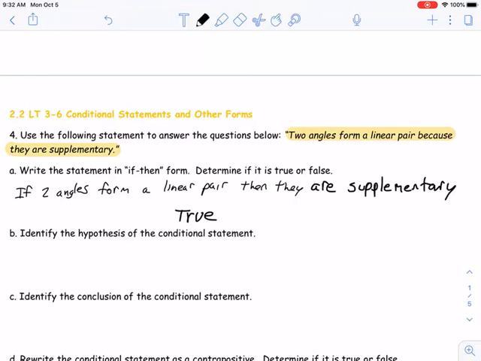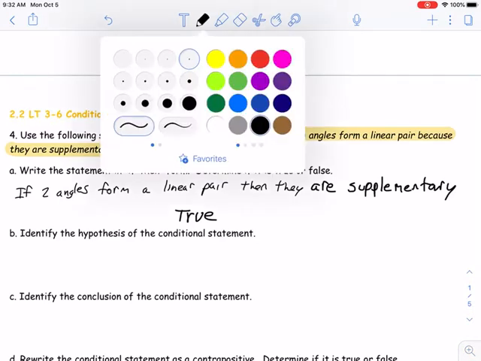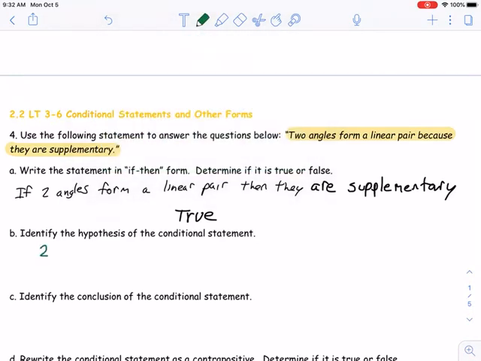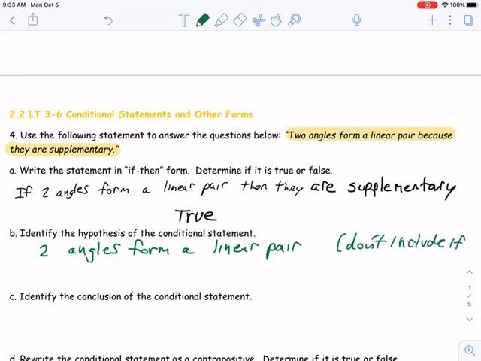Identify the hypothesis of this conditional statement. So it's just going to be two angles form a linear pair. Remember, don't include if. It's everything after the if.